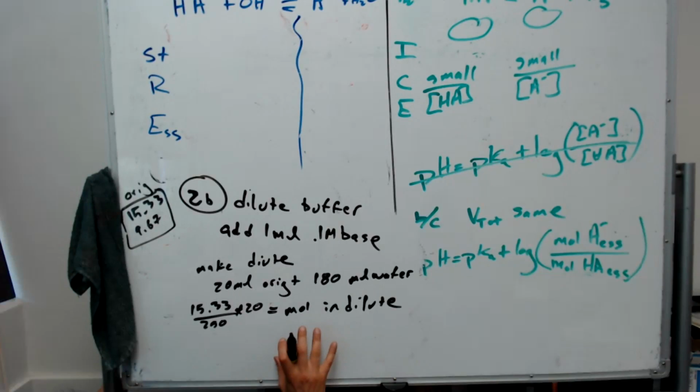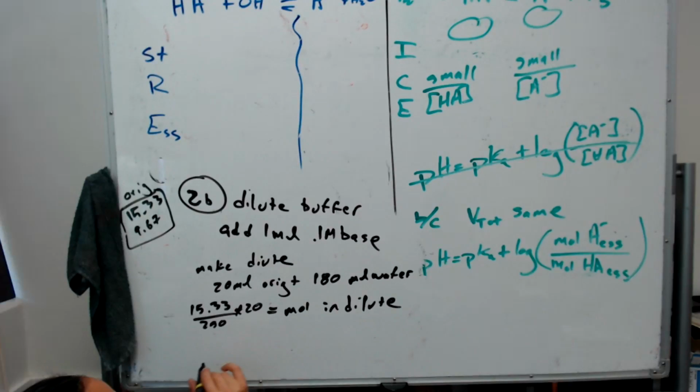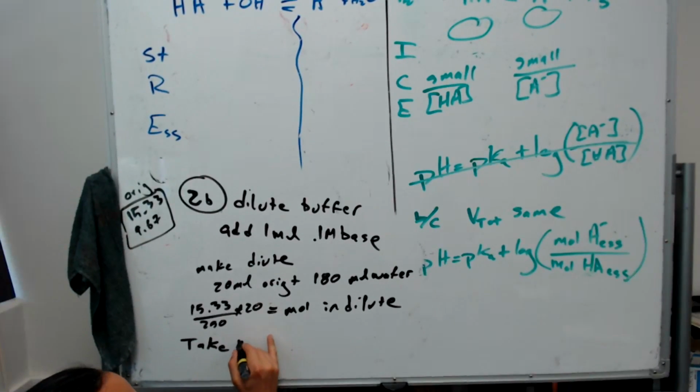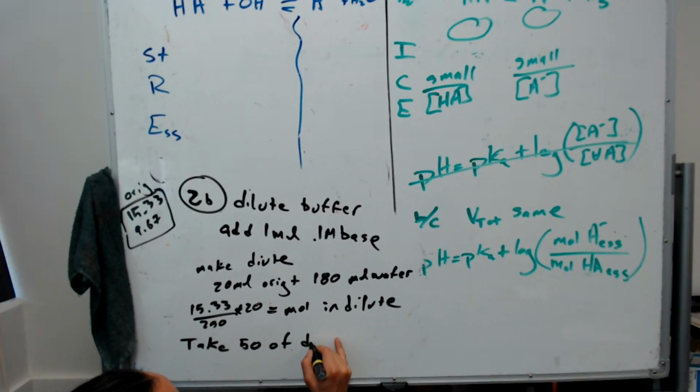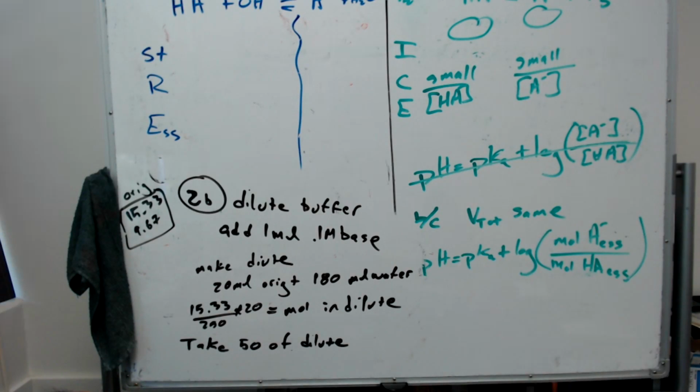Then you only took 50 mils of this, right? Okay. So then you're going to have to take 1.2. This was the previous one. Oh, I totally did that dilute buffer for the previous one. Okay, that's so irritating.